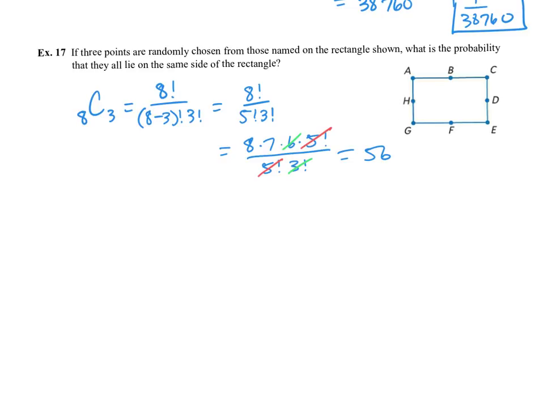So you can see that there are 4 different ways of choosing points that lie all on the same side. 4 different ways out of 56. So the probability then is going to be 4 out of 56, and that reduces to 1 out of 14.